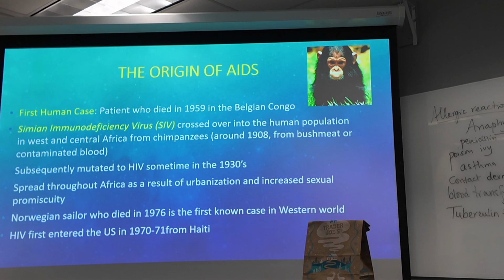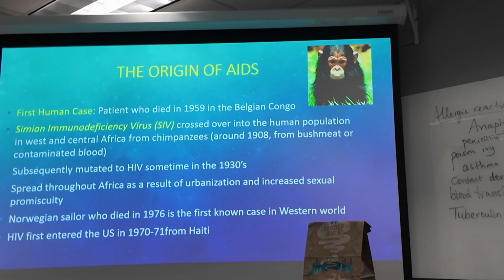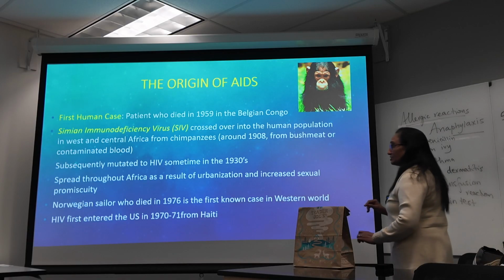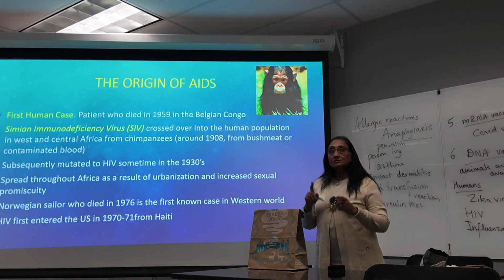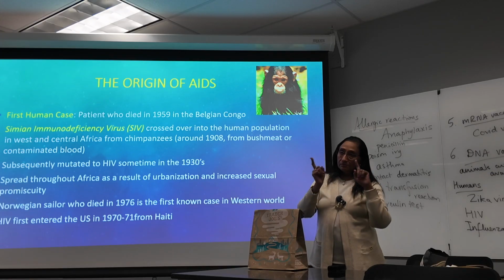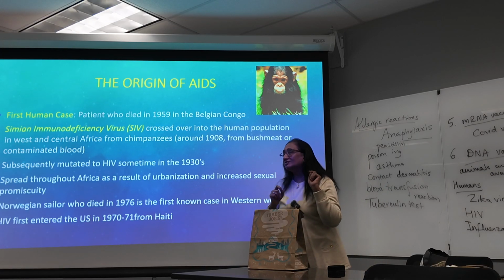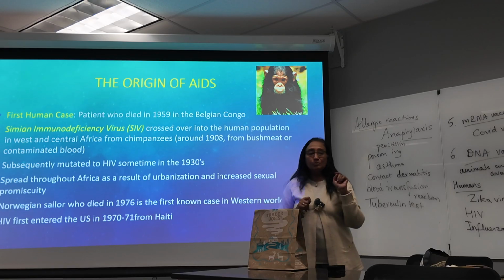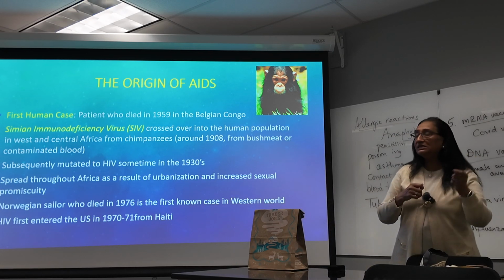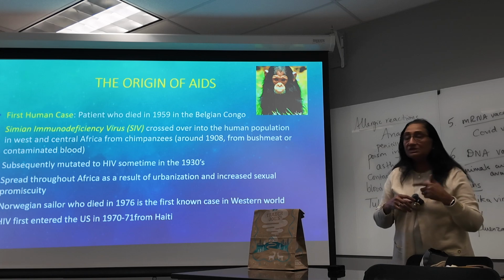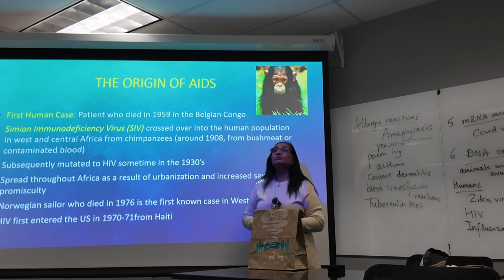But it started somewhere in the 1960s. So the theory is that the virus jumped from chimpanzees to humans. This is called the simian immunodeficiency virus, simian for chimpanzees, and it jumped from chimpanzees to humans because of the practice of killing these animals and coming in contact with their blood, or eating bush meat.